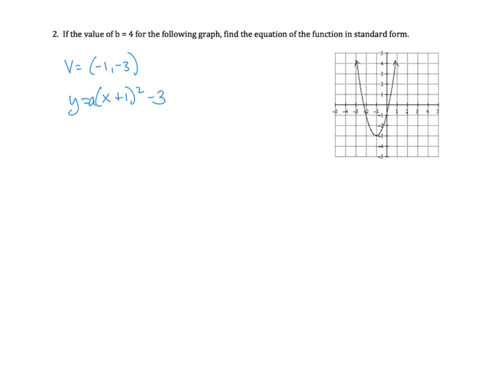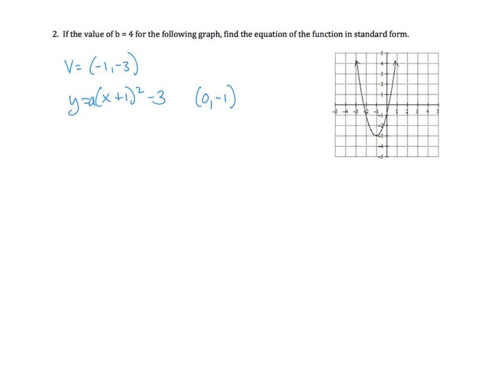Now, I have a couple choices. I could multiply this out, and knowing the value of b, I could then figure out what a must be. But at this point, I think I'm just going to plug in another value. I know that my y-intercept happens at 0, -1, and I'm going to plug that in.